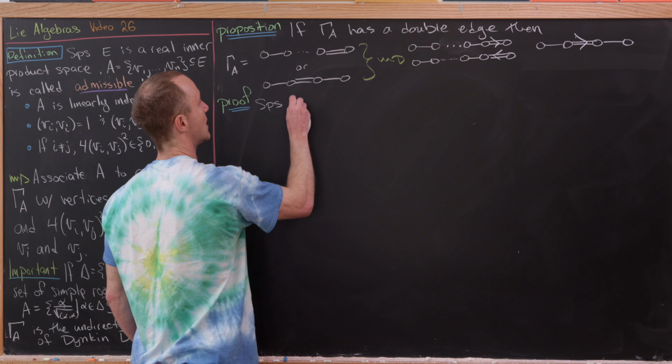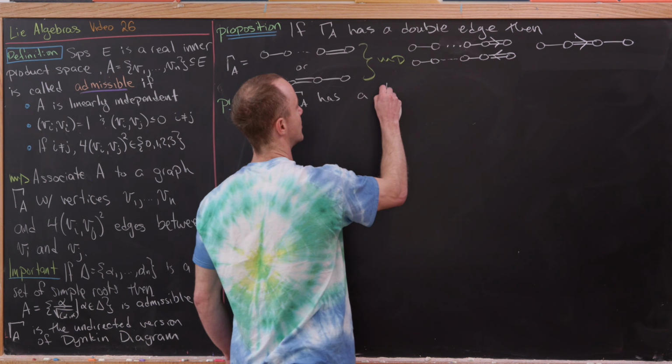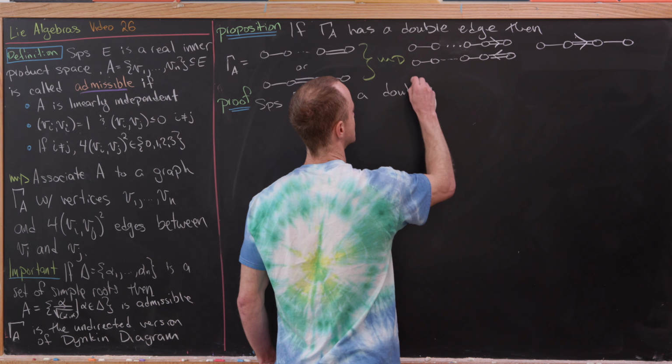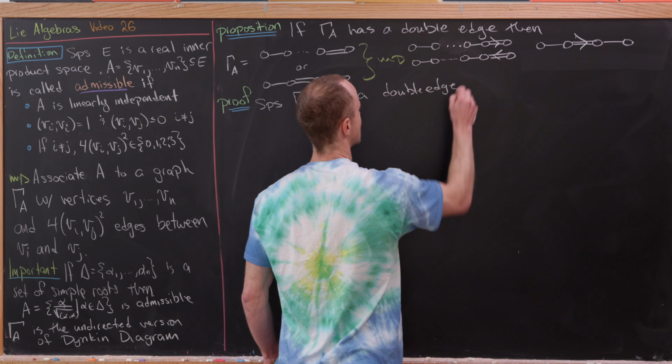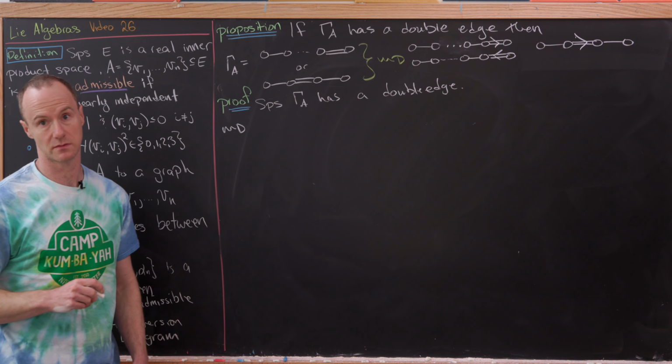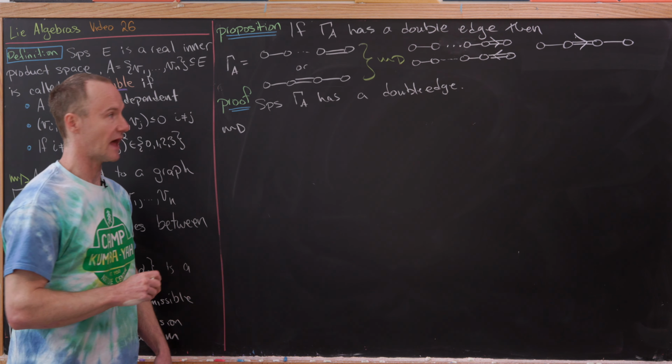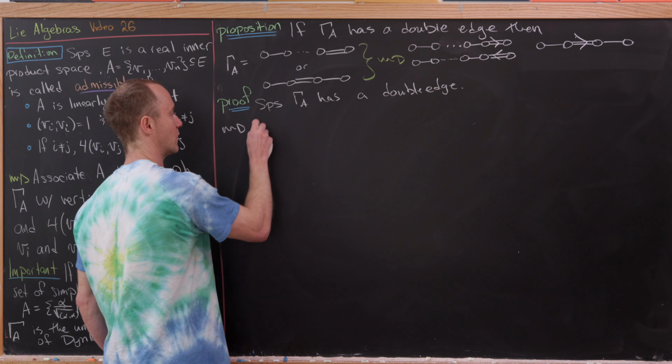So let's suppose gamma of A has a double edge. If it's got a double edge, then that tells us it only has one double edge and it can't have any branch vertices like we saw before, and it has to have the following form.